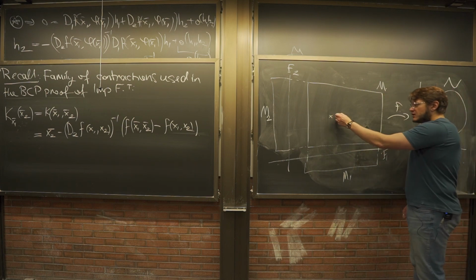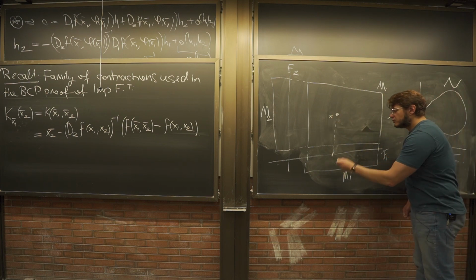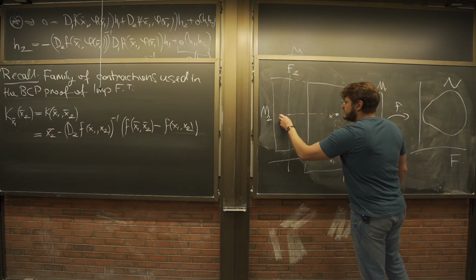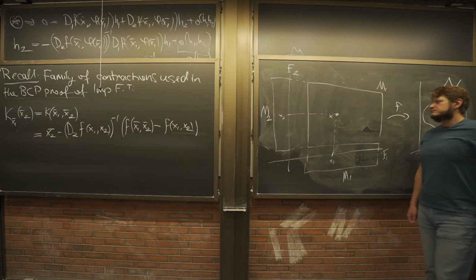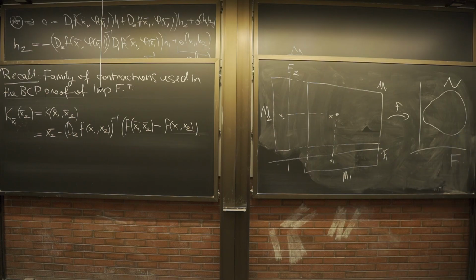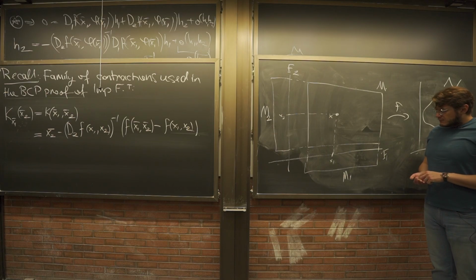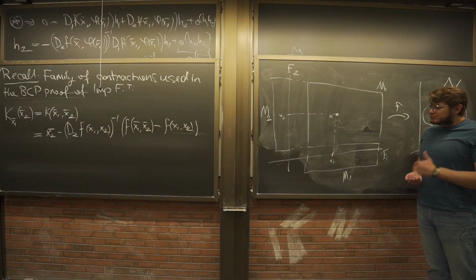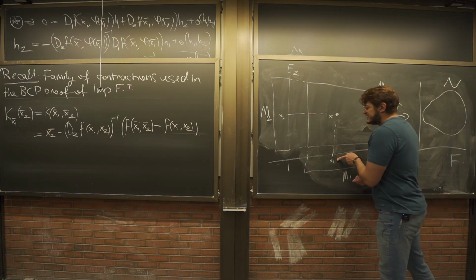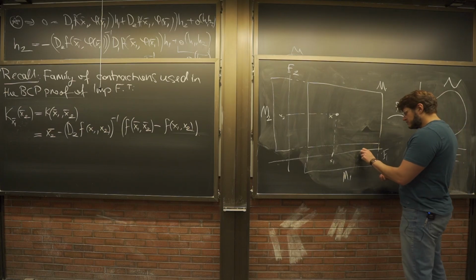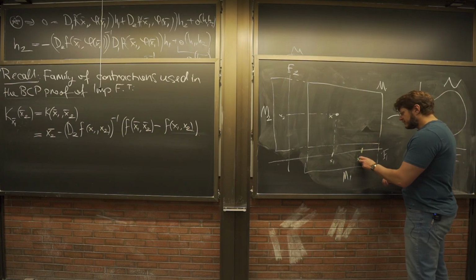It has its horizontal component, which is x1, and its vertical component, which is x2. Now x1 bar is going to be a small perturbation of x1. So maybe it's somewhere here. This is x1 bar.